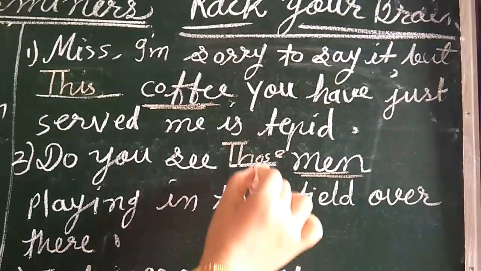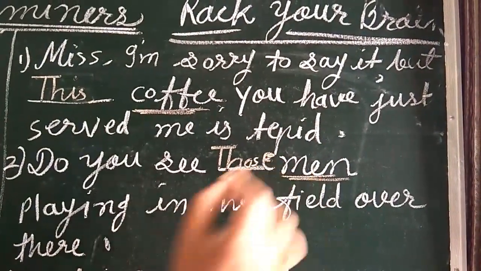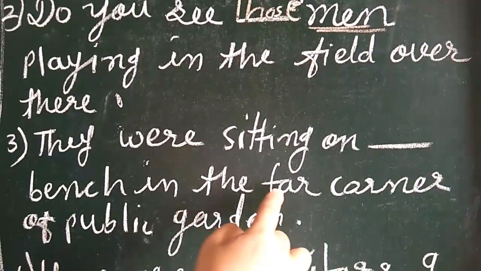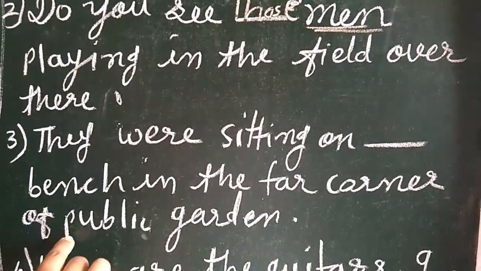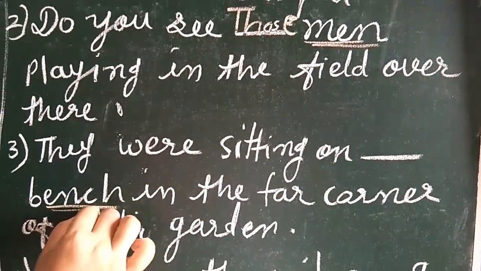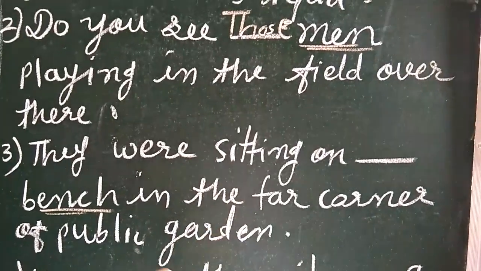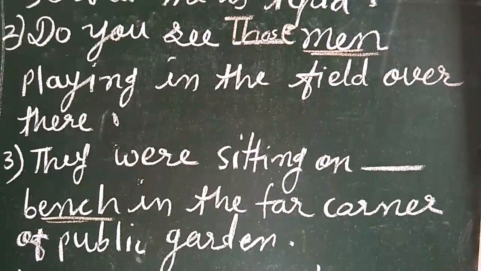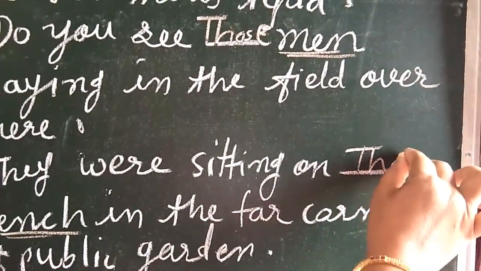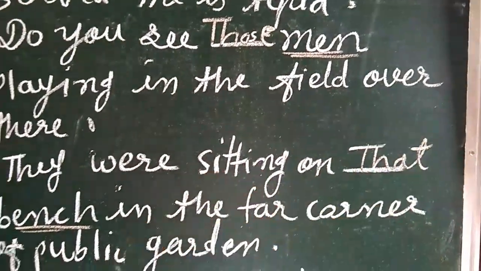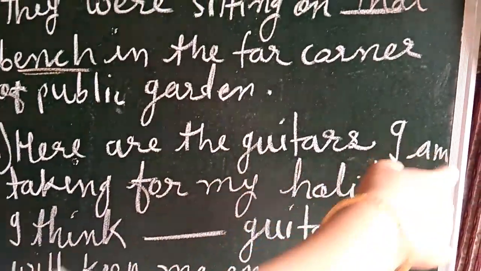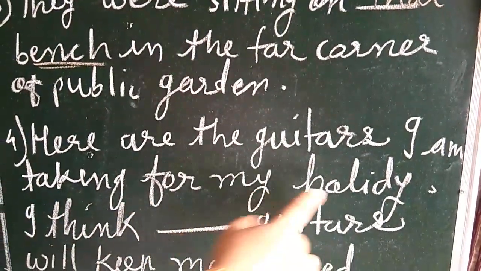Next: they were sitting on the bench in the far corner of the public garden. Bench is the singular form, and it is far, and for that the answer is that. Singular but far away.